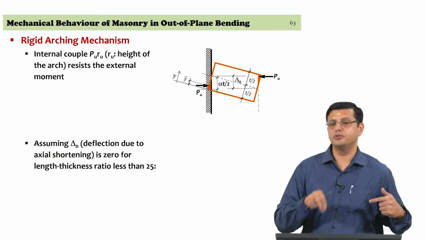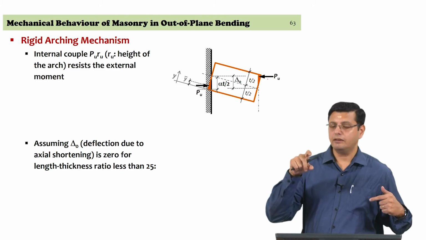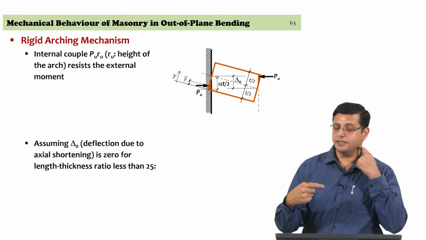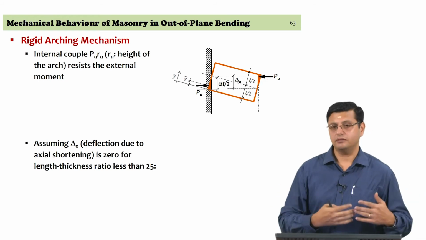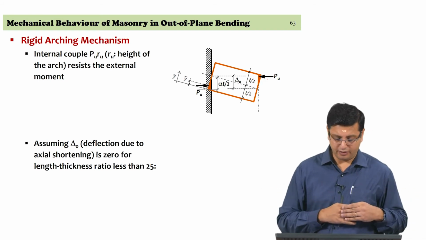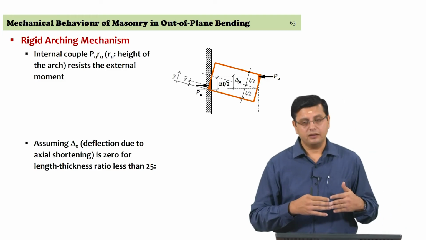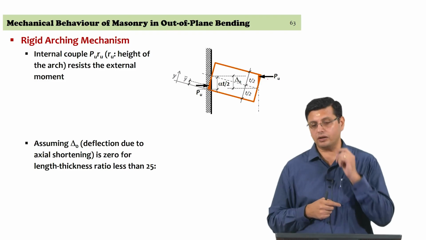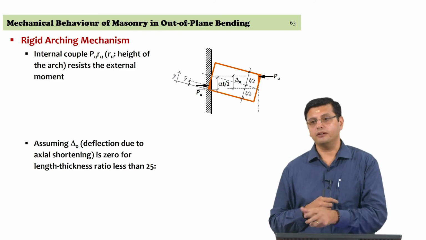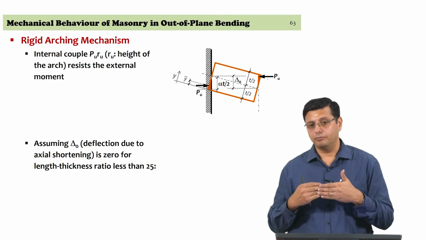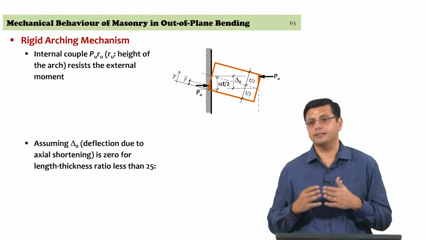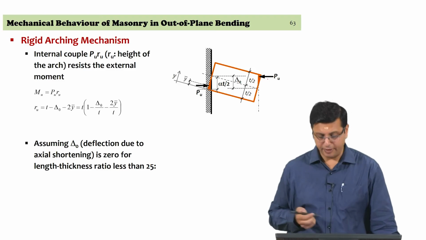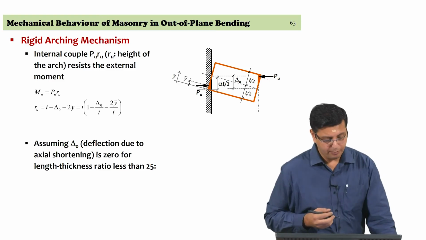So, the Pu into Ru is the final rise of the arch, and Pu is the clamping force that you are getting, and at the ultimate that we are examining, the Pu into Ru is what is the internal couple that is forming to resist the external moment that is acting on the wall itself. So, the ultimate moment in this is going to be Pu into Ru.